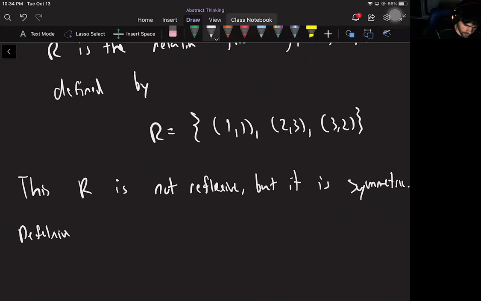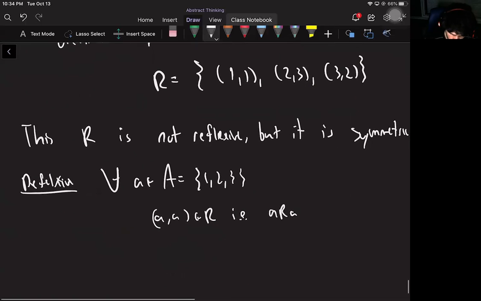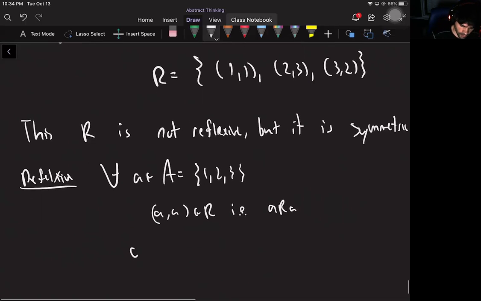Reflexive is a for-all property. I need to say that for every element in A, A comma A is in the relation, i.e. A is related to A. But it's not true because only 1 comma 1 is in there.